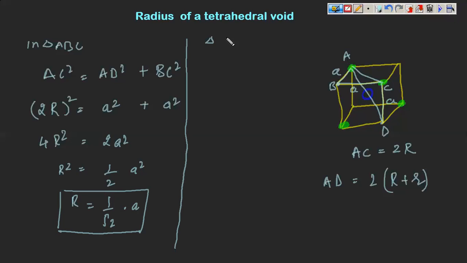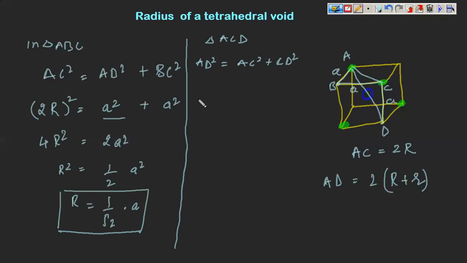Now see another triangle, triangle ACD. Here AD is the hypotenuse. So AD square is equal to AC square plus CD square. We know already AC square is equal to 2A square from here.